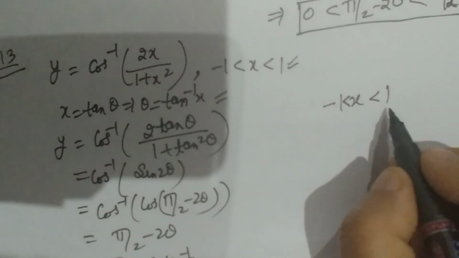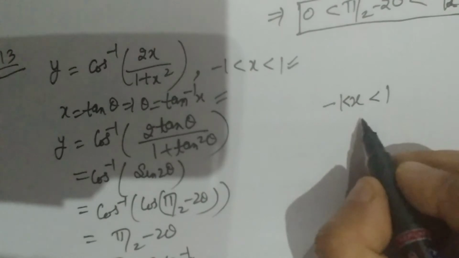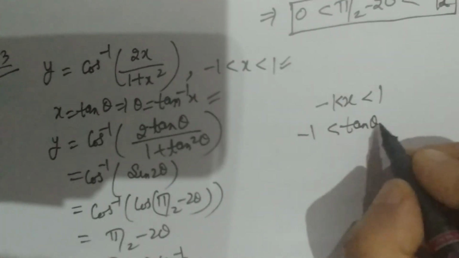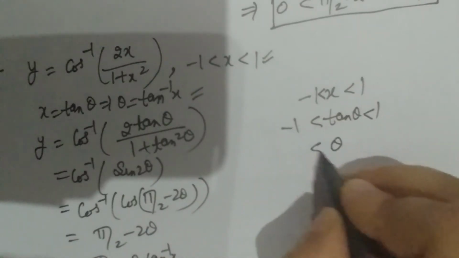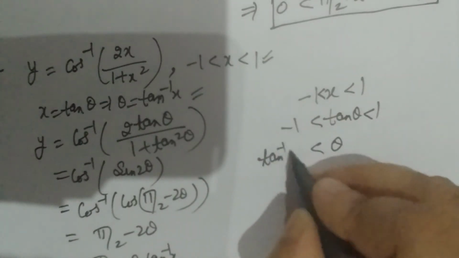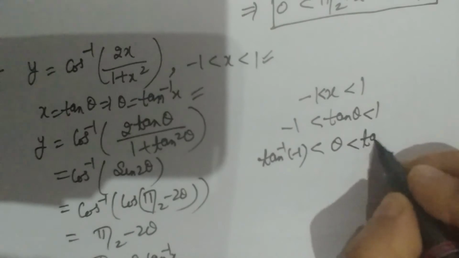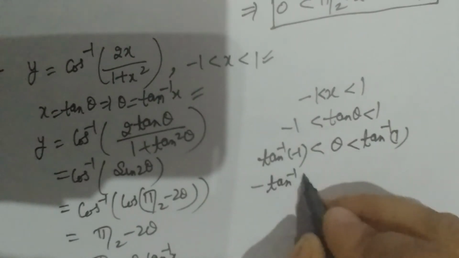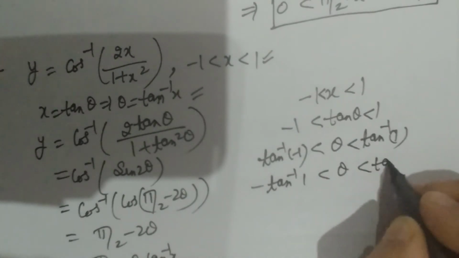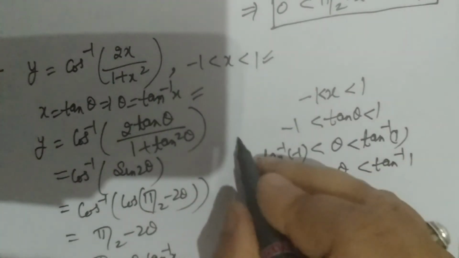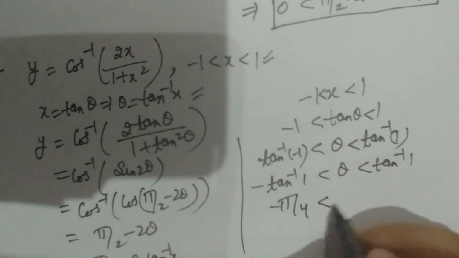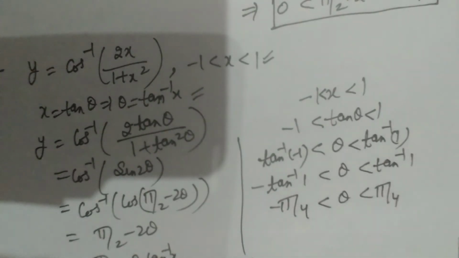Here x is lying between minus 1 and 1. So what is your x? x is again your tan theta. So here I get tan inverse of minus 1 to tan inverse of 1. So it is minus tan inverse 1 to tan inverse 1, that is, minus pi by 4 to pi by 4.